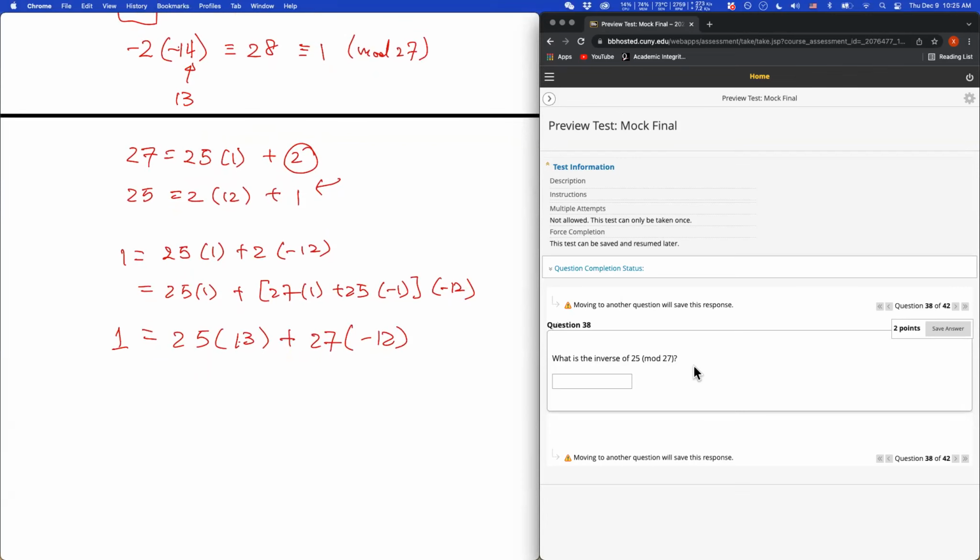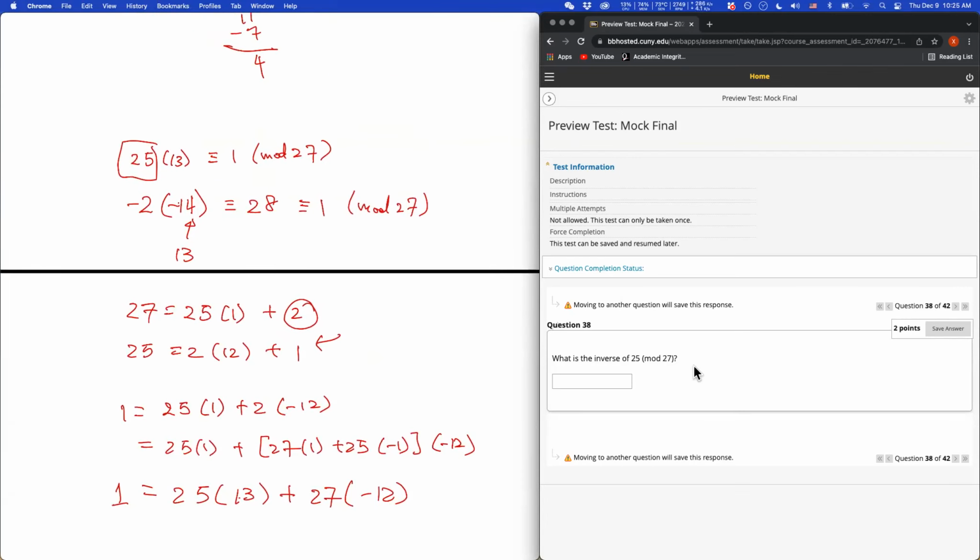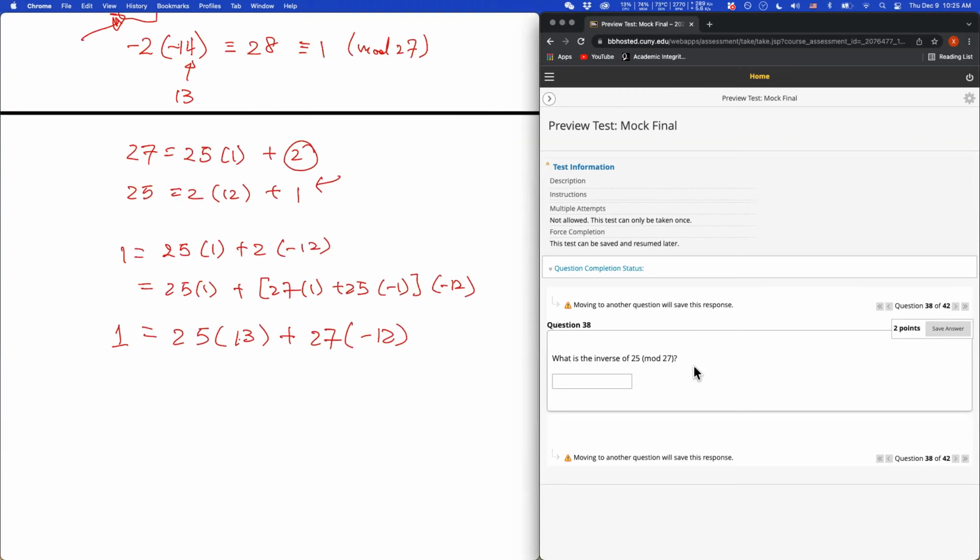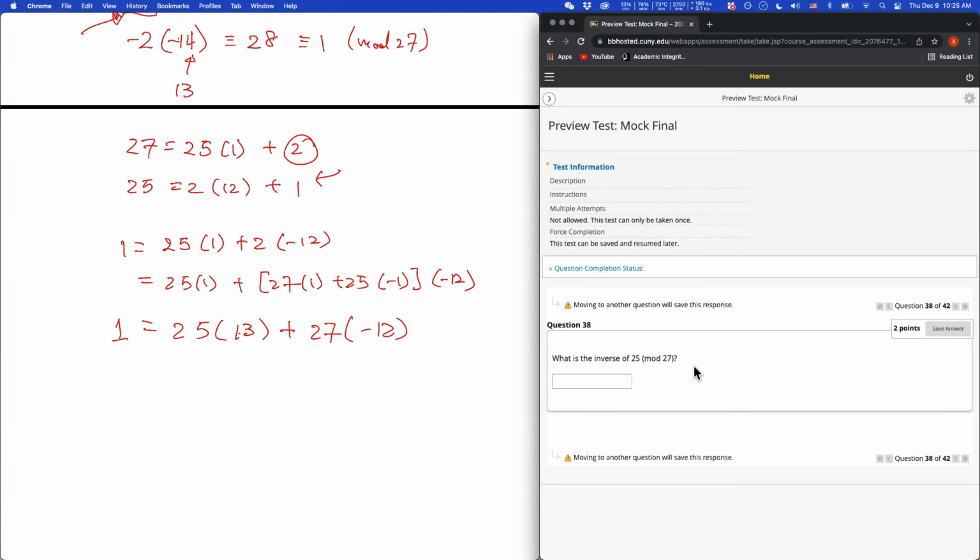And since you want to find the inverse of 25, the inverse will be the number you multiply with 25. So that will be 13. So the answer here is 13.